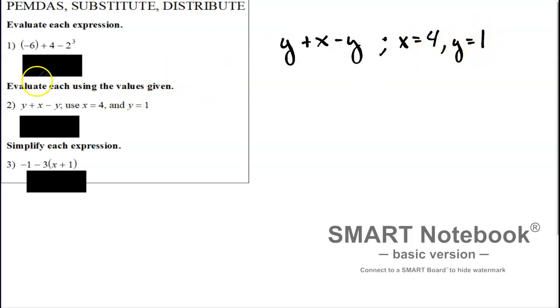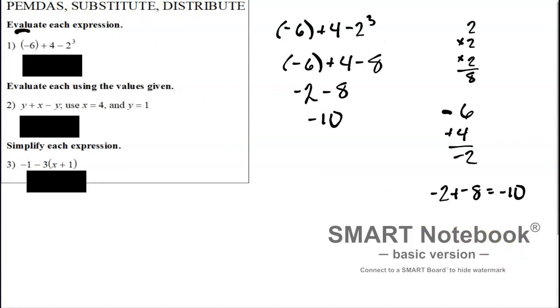Okay, evaluate, so they still want a value. Okay, we talked about that. At the end I'm going to have a value. Okay, now remember on number 1 they wanted a value and we got it. So we're expecting a value over here too.